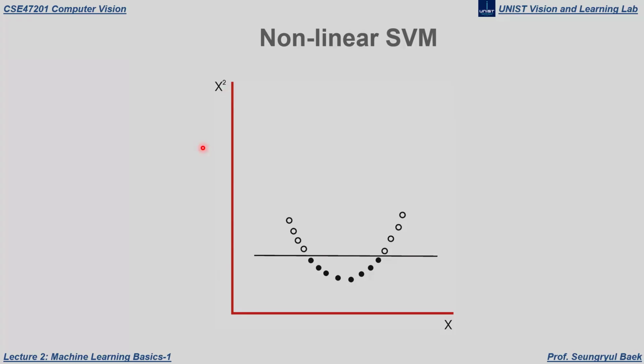When doing that, we cannot guarantee it will be like this, but there is more possibility of dividing the samples with just one straight line. We cannot guarantee it, but there could be more possibility, right?